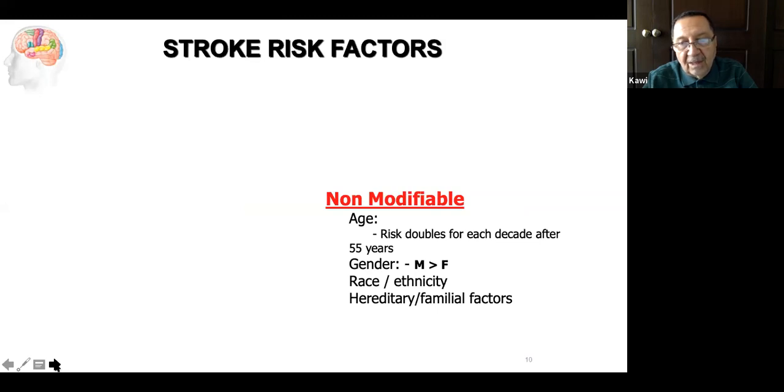We can't do anything about that, although some people may think that they can change their gender. Race and ethnicity, the African ethnicity is more prone to develop a stroke, and we cannot do anything about the race. And family factors, nobody selects his family.